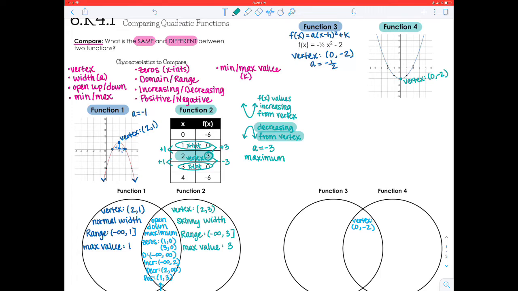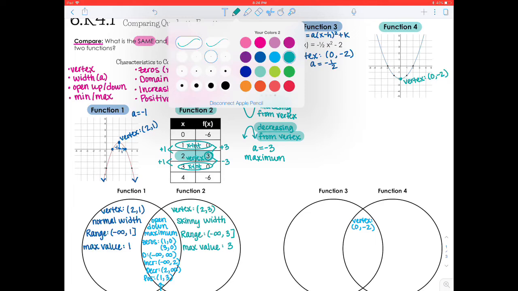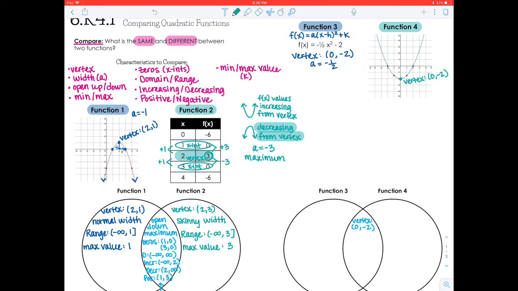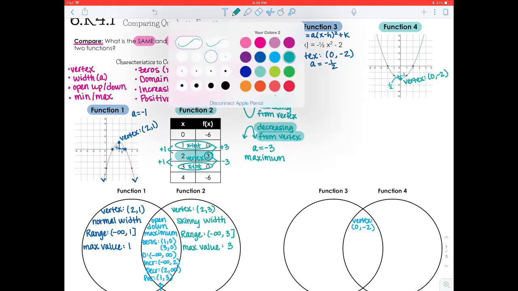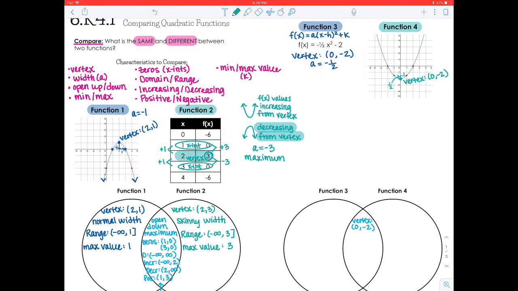And what it looks like happens here is that we don't even go up a full box on this one. We only go up halfway and then run 1. Okay, so that's up by a half, and then we run 1. So anything divided by 1 is just itself. So that means that a is 1/2 here. I know it's positive because the graph is opening up.